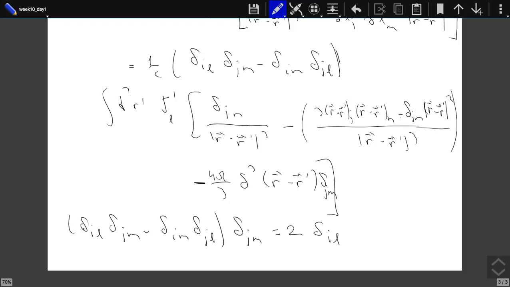Because Kronecker delta jm multiplied with Kronecker delta jm will give me 3. From here I will get 3 Kronecker delta il. From this one, Kronecker delta jm multiplied with Kronecker delta jl will just give me Kronecker delta lm, and multiplied with this one, it will give me a Kronecker delta il, just one of them.